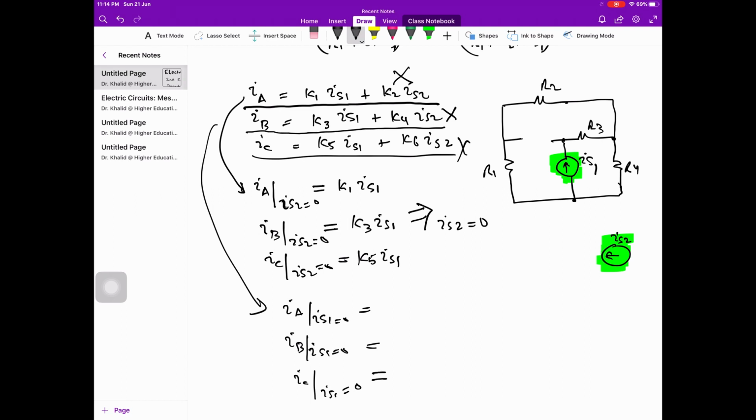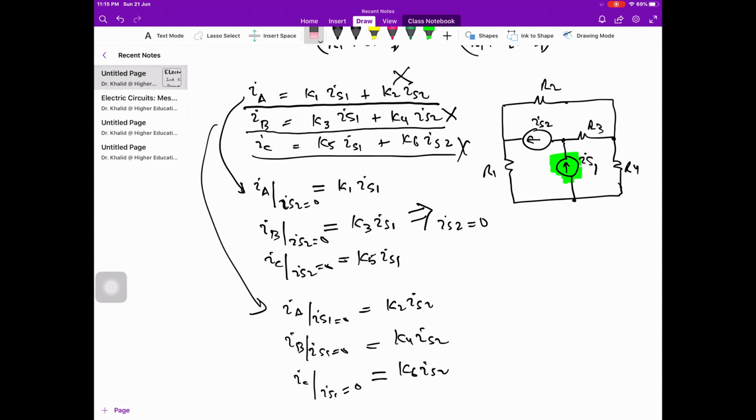So this is equal to K2 IS2, this is K4 IS2, this is K6 IS2. So now look at the circuit diagram. I'll place this again over here. IS2 will be over here, and I want to delete this highlight.